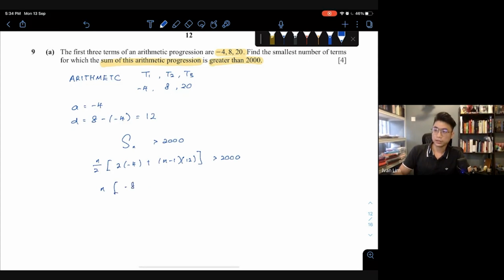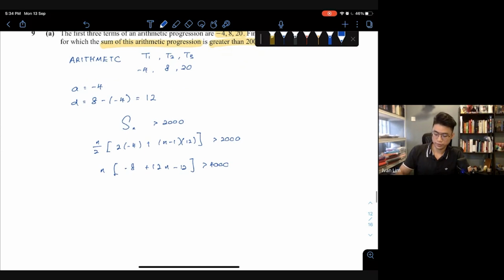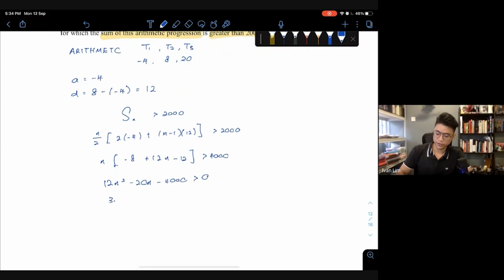Okay, simplify it. -8 plus 12n minus 12 more than 4000. Okay, you all might open it differently. You'll end up with 12n squared minus 20n minus 4000 more than 0. Simplify it. 3n squared minus 5n minus 1000 more than 0.